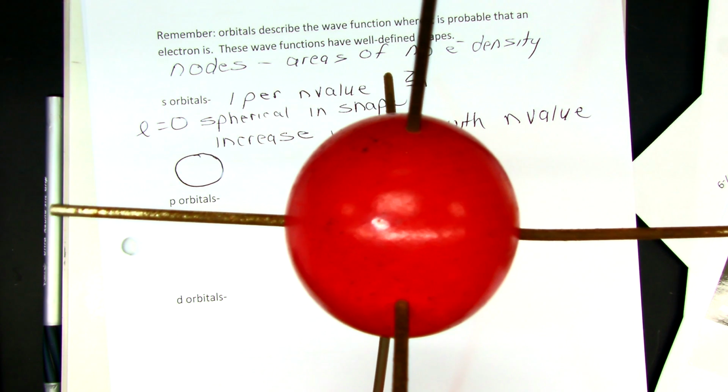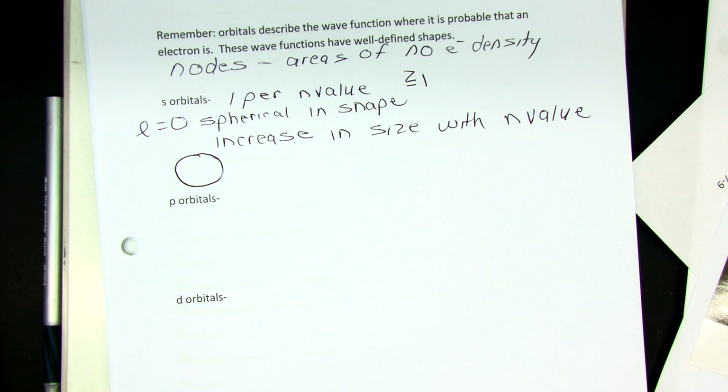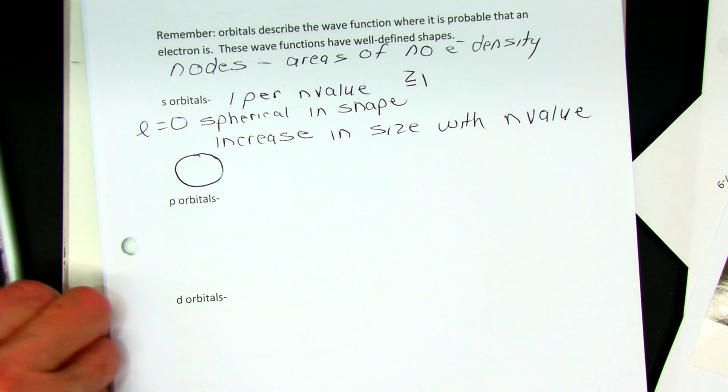So this is at the origin in three-dimensional space. Inside that orbital, where the nucleus is, there is a node, an area of no electron density, because we don't have electrons in the nucleus. So at the origin, where the three metal rods go through there, that's where we have the node.